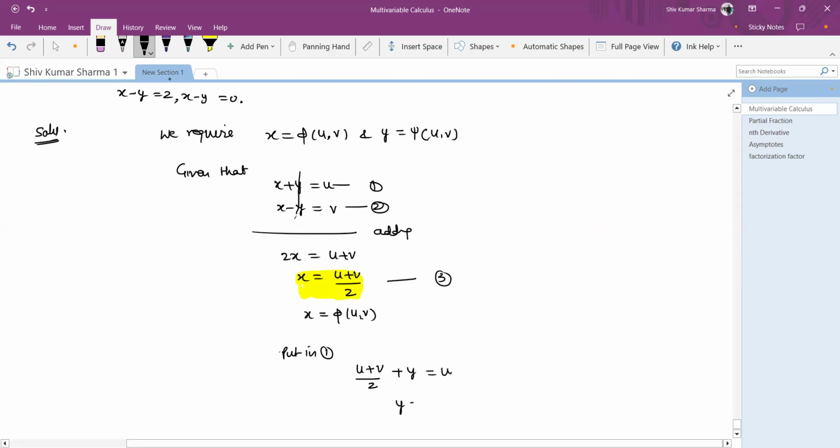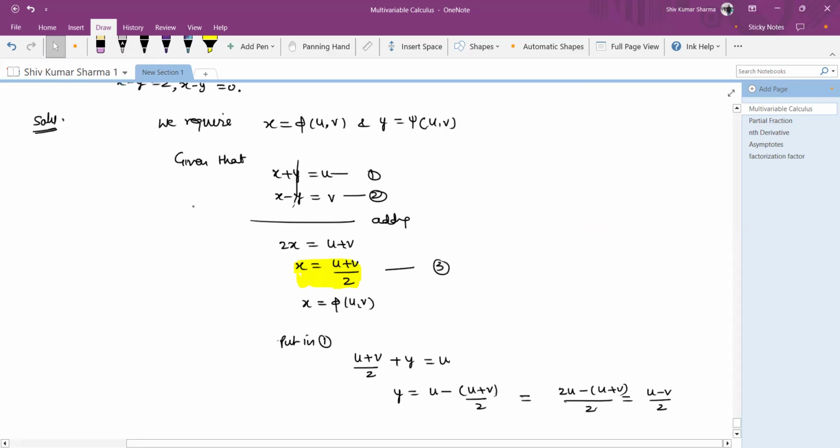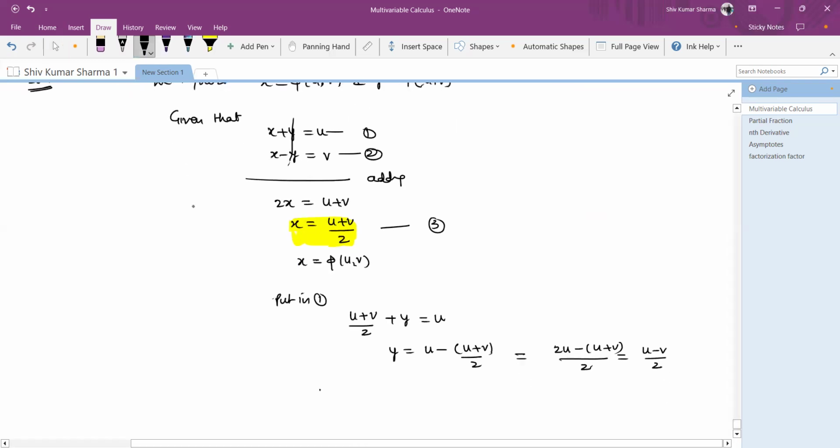This can be written as y equal to u minus u plus v upon 2. This gives us 2u minus u plus v upon 2, which is u minus v upon 2. So y equals u minus v upon 2. This is our equation number 4.